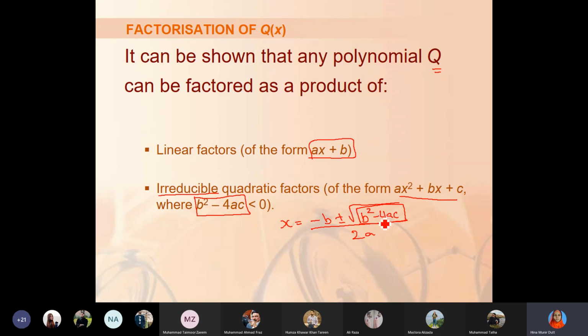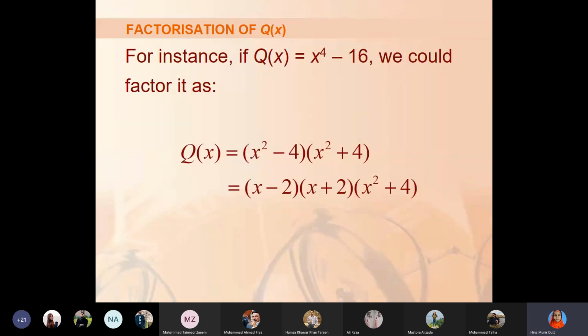So the discriminant tells me whether the quadratic factor can be further factorized or not. If b square minus 4ac is less than 0, you will get complex roots, but we are dealing with the real case, so we will not factorize. But in the real case, we can get integers as well as fractions in the roots.